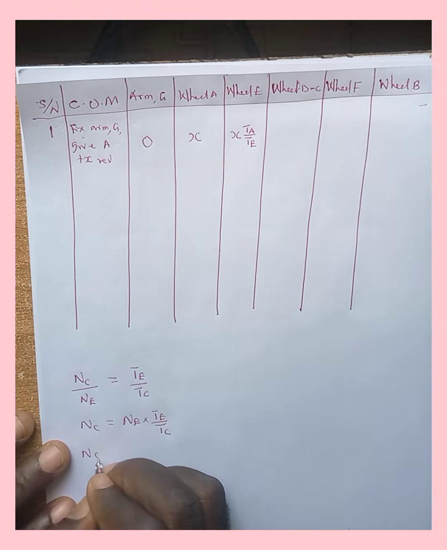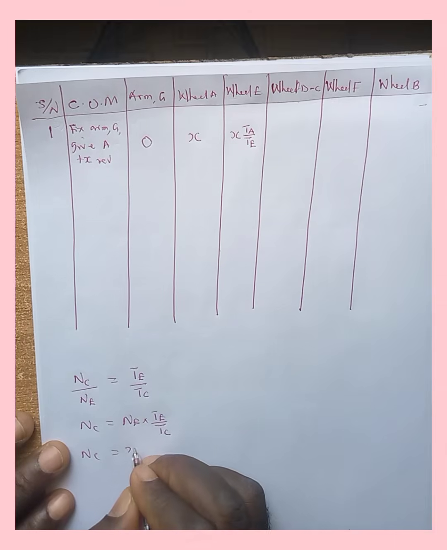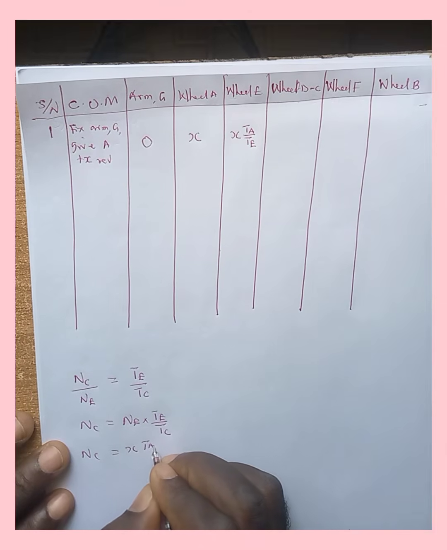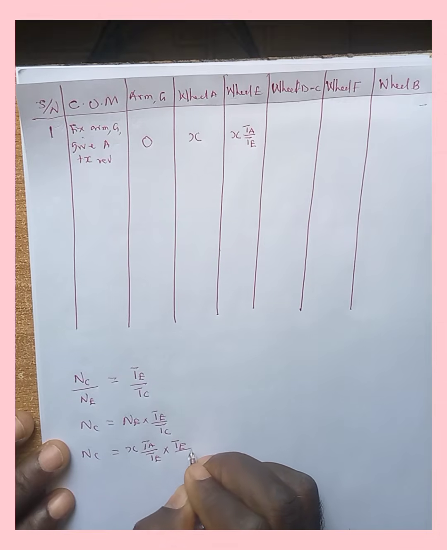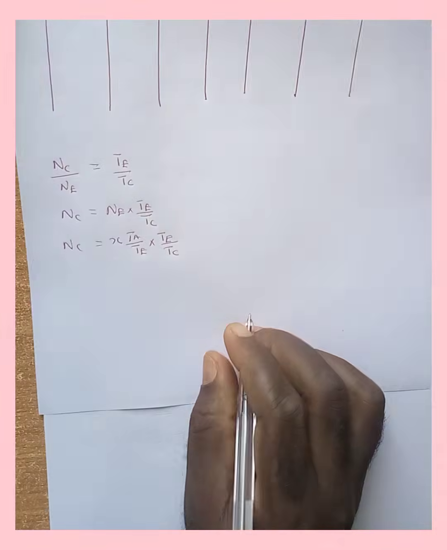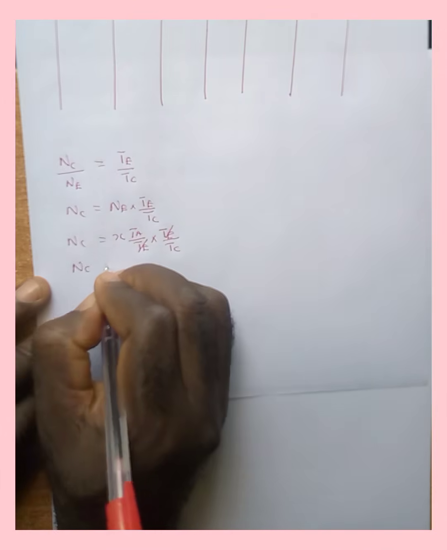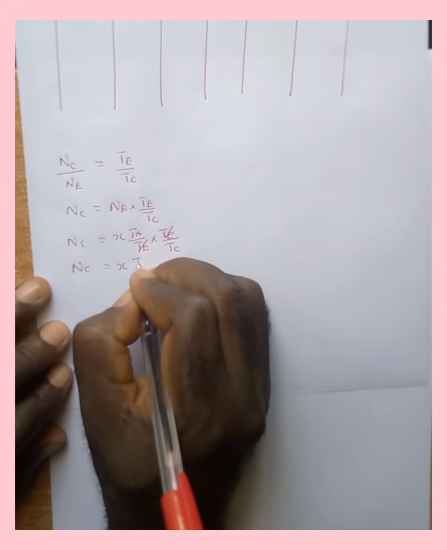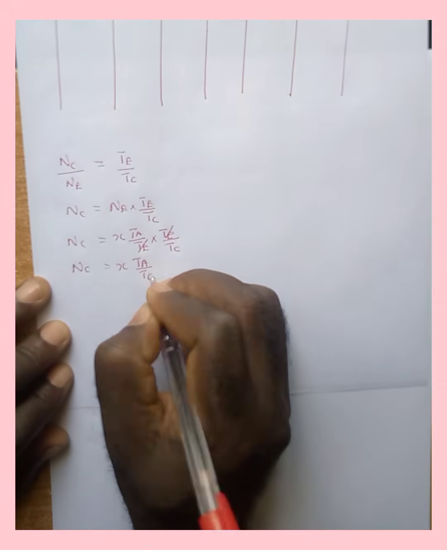Then NC here is going to be, NE is this one, XTA over TE multiplied by TE over TC. Then from here, you see that this will cancel this. Then the speed of C is going to be XTA over TC.